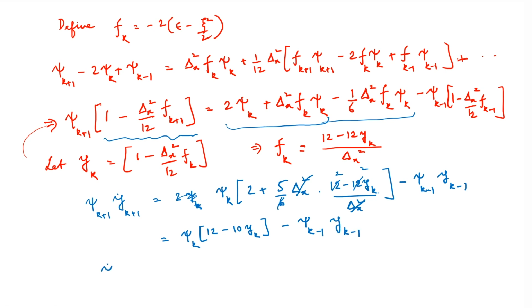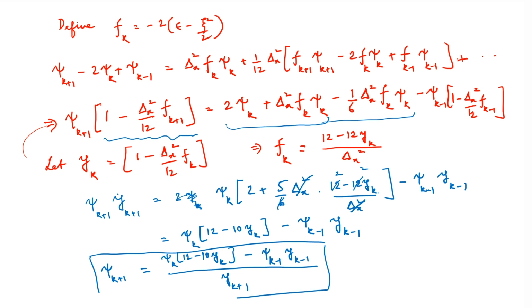So, therefore, the value of the wave function at the k plus 1th grid is given by psi k plus 1 equals psi k into 12 minus 10 y k minus psi k minus 1 y k minus 1, by y k plus 1. So, this is the expression which I will be using when I am doing the Numerov algorithm. This is what the Numerov algorithm part is, and this is how it goes.